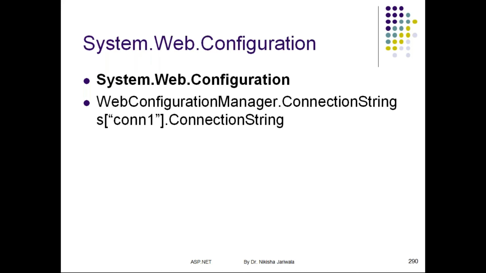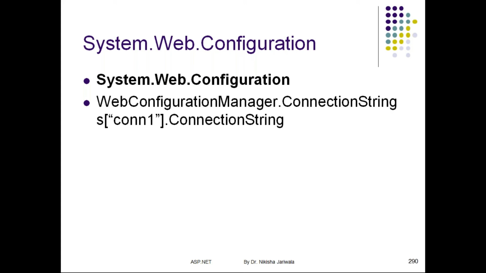But if we want to create a typed dataset, first of all, if we want to retrieve the connection string from the web.config file, we will use the System.Web.Configuration namespace. From that namespace, I need to use the WebConfigurationManager class.